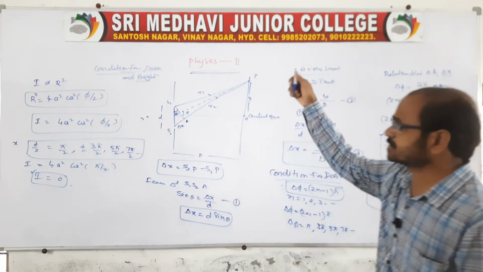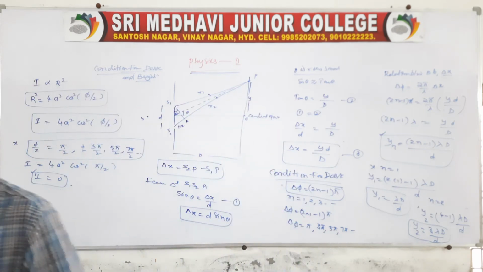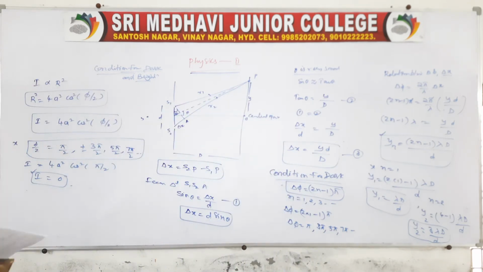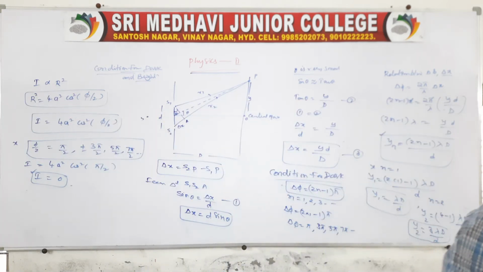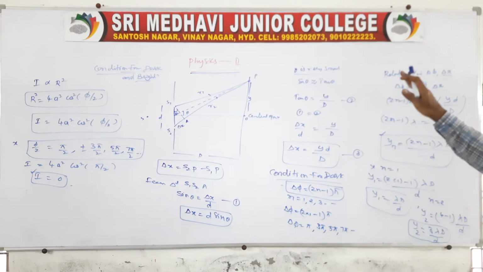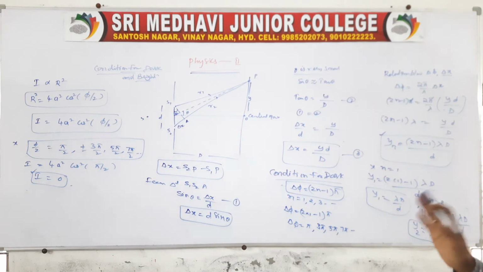So this is the relation for the condition for bright and dark, which is very very important by using Young's double slit experiment. These are the conditions for Young's double slit experiment.